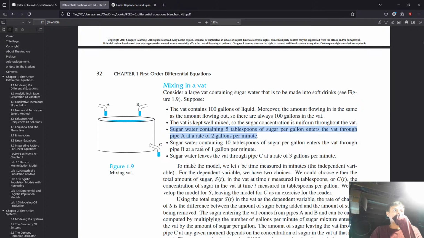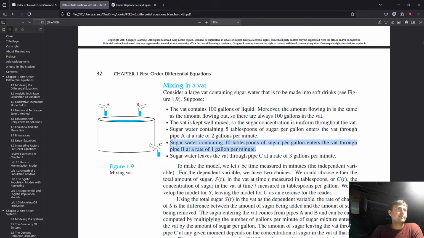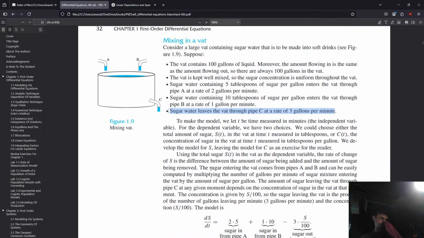Sugar water containing 10 tablespoons of sugar per gallon enters the vat through pipe B at a rate of 1 gallon per minute. And sugar water leaves the vat at pipe C at a rate of 3 gallons per minute. To make the model, we let T be the time measured in minutes.